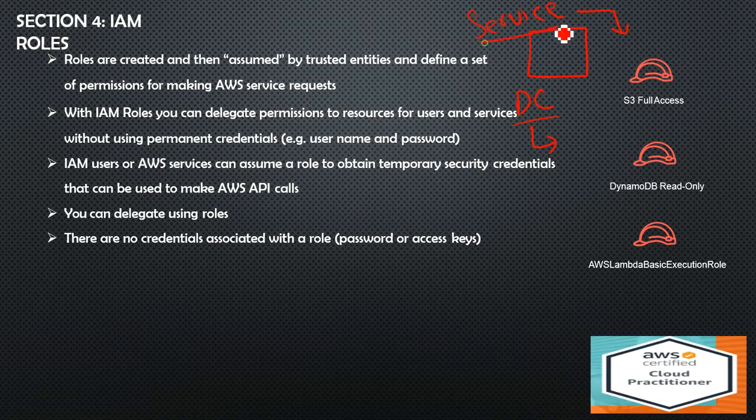So that service says you have full access to S3, right? So if you attach this role to an EC2 instance, then that EC2 instance is going to have full access to S3, all the S3 buckets. So something like that. With IAM roles, you can delegate permissions to resources, users and services without using permanent credentials.